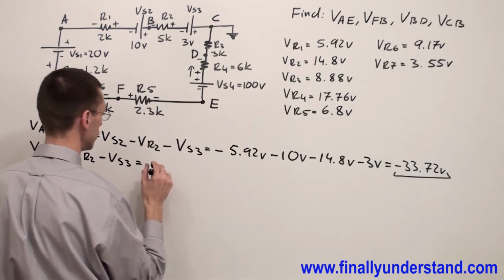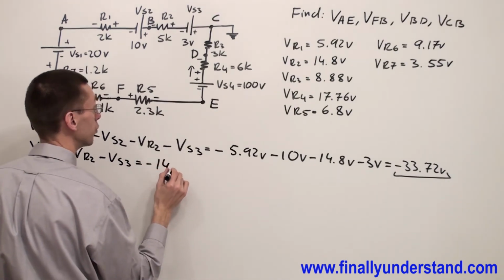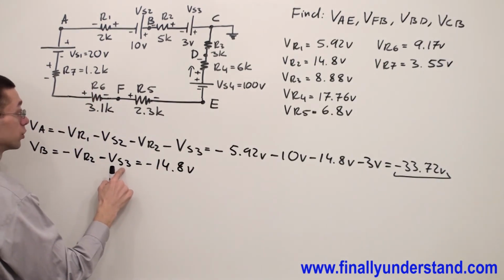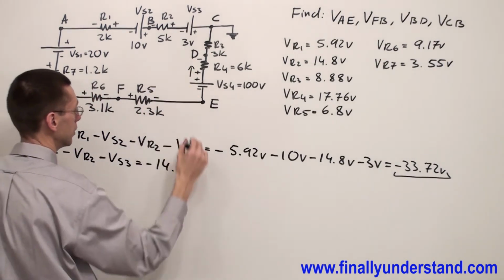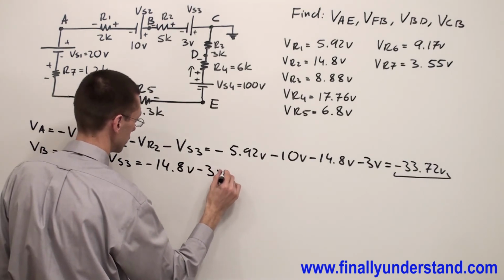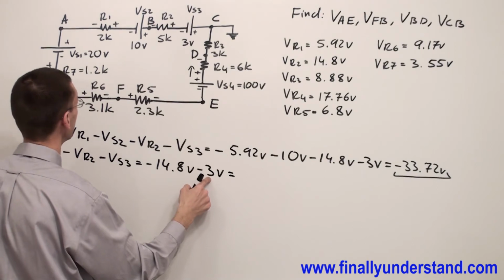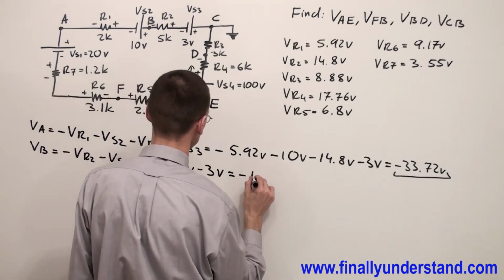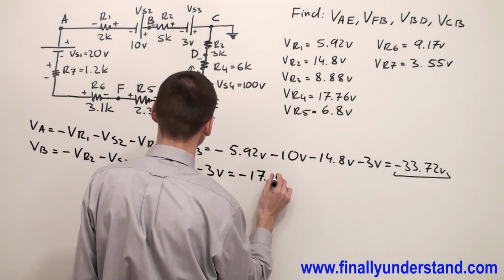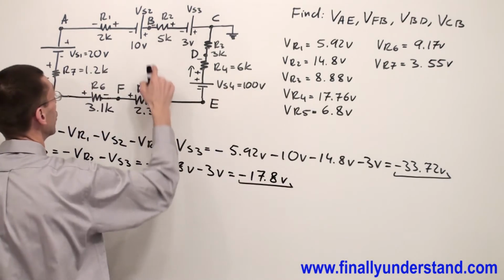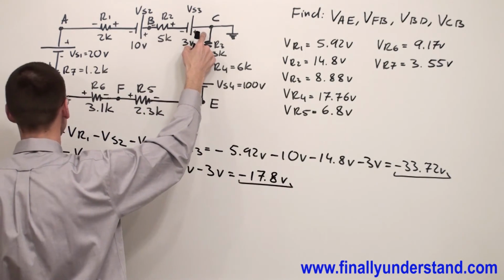Negative VR2 is equal to negative 14.8 volts minus voltage source 3, minus 3 volts. Minus 14.8 minus 3 volts gives me minus 17.8 volts. This is the voltage between point B and C.